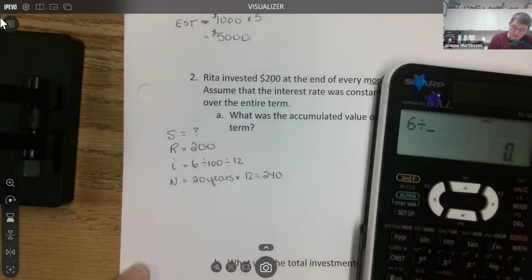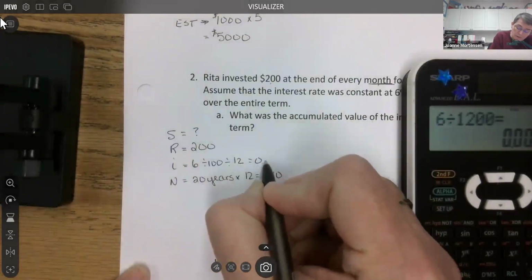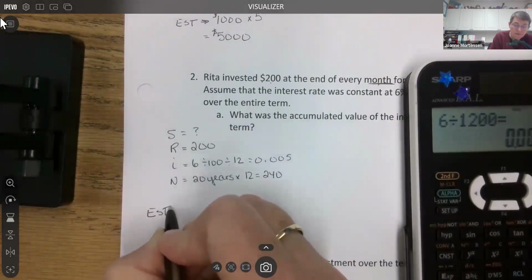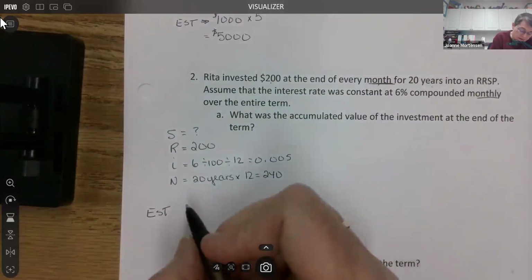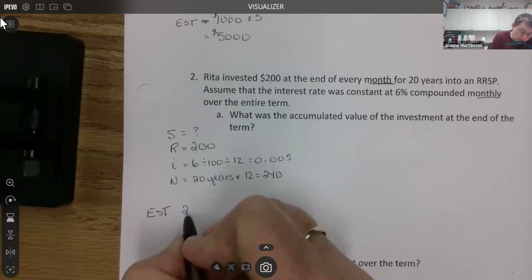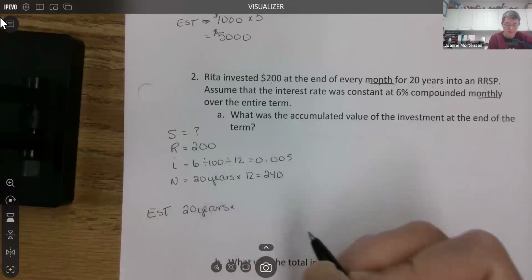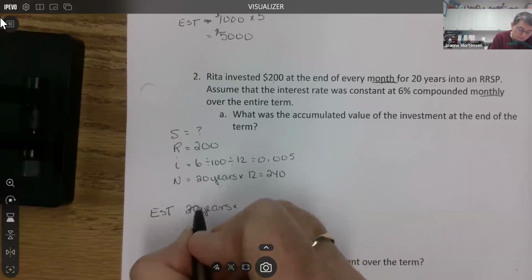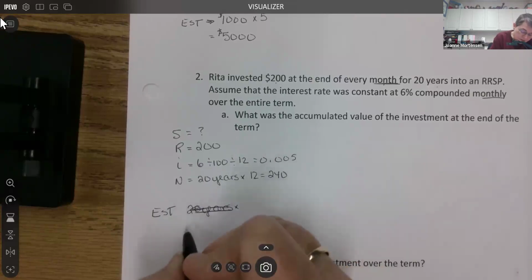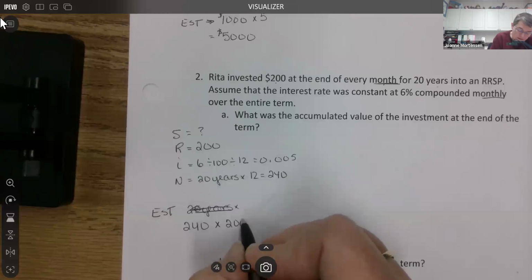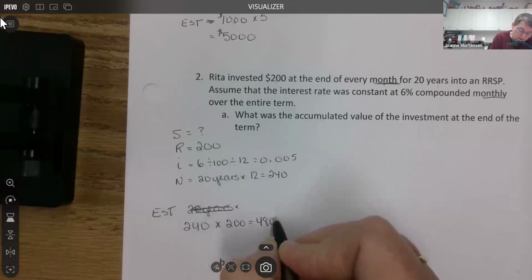6 divided by 1200, instead of divide by 100, divide by 12, gives 0.005. And I'm doing the estimate right away. 240 payments of $200 should give you 48,000.